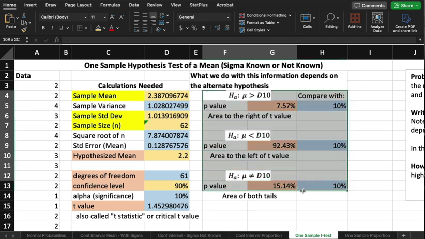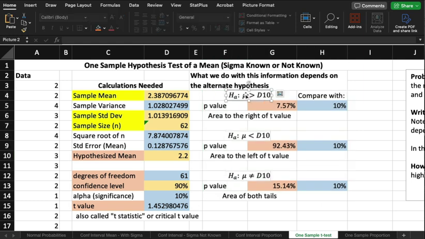So in F, G, and H, I typed the three different alternate hypotheses that you could possibly have. When you're doing a hypothesis test, you have to have your null hypothesis and alternate hypothesis written down.